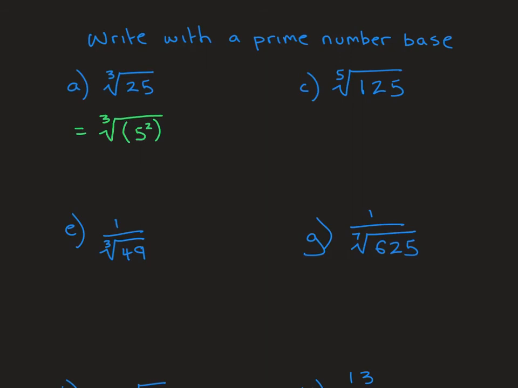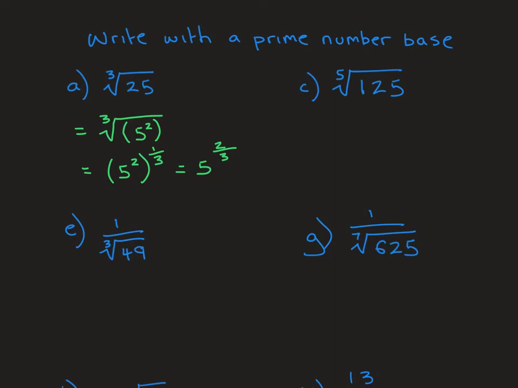That's what we want. All right, so now what we're going to do is get rid of the third part of this so that we've just got it in index form. So that's going to be equal to 5 to the power of 2 to the power of a third. Okay, we multiply those fractions again, and that is going to be 5 to the power of 2 on 3.